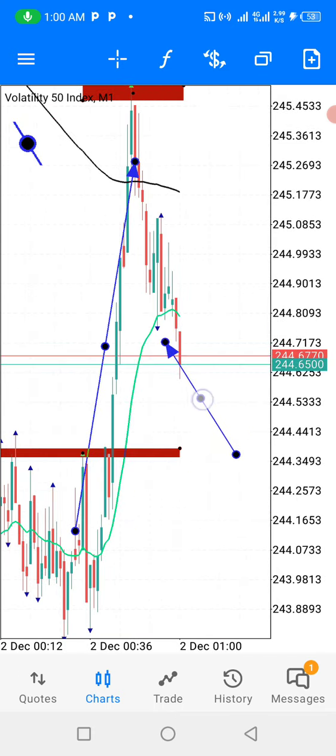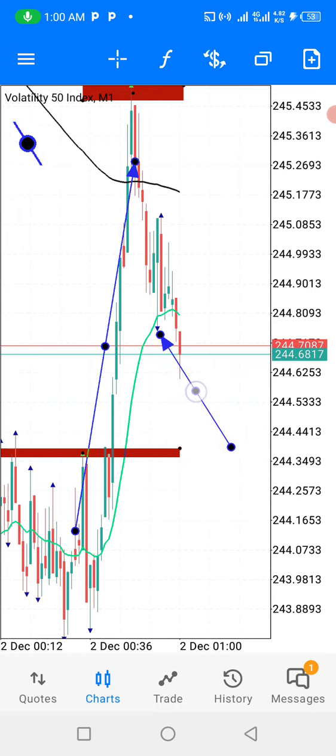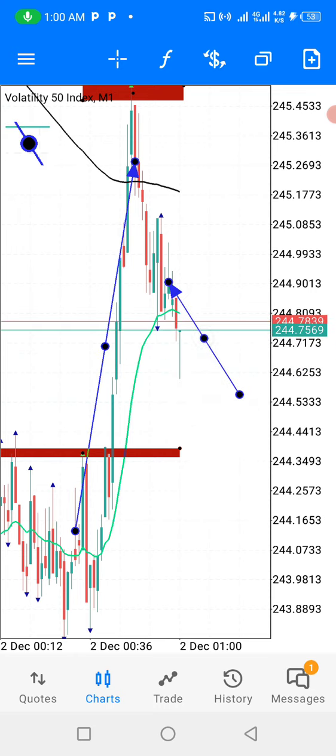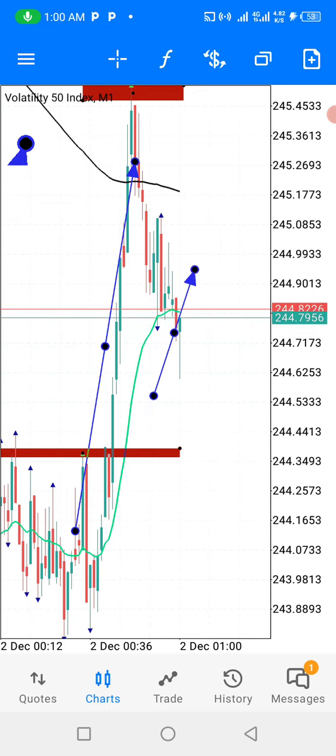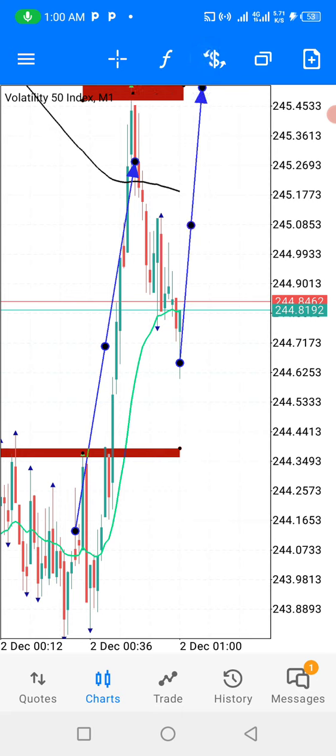Like now, currently the price action is below moving average 20. Do you know that as it is below this moving average 20, it can suddenly go up? Now, if it goes up, then it will become a buy signal.